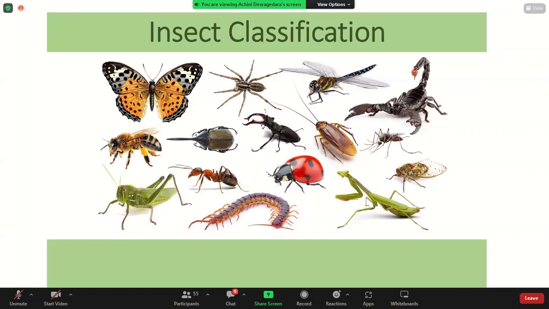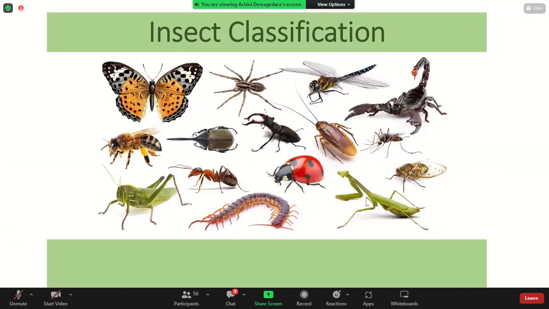So when we discussed different body parts, you saw how various, how developed, how diverse these body parts are. So according to these different types of species, there are many described species of insects available. More than millions of insects are available.